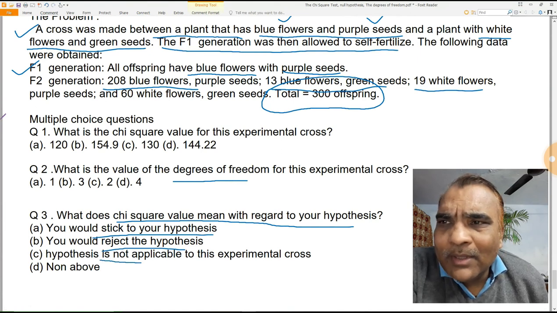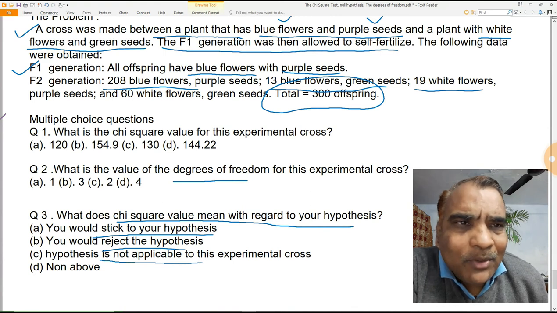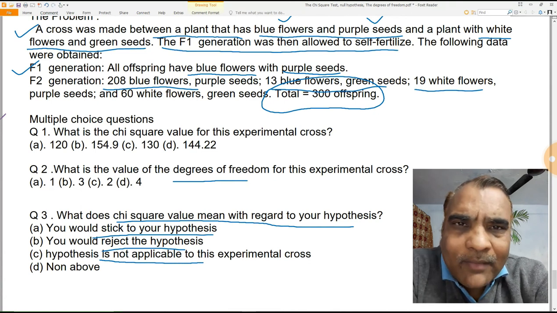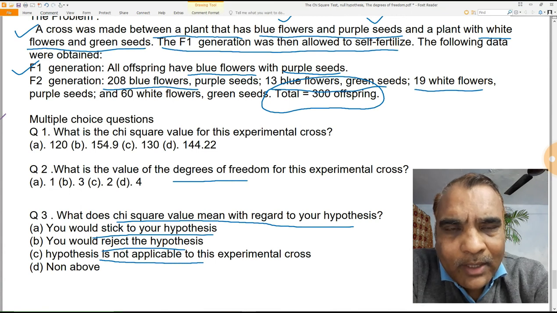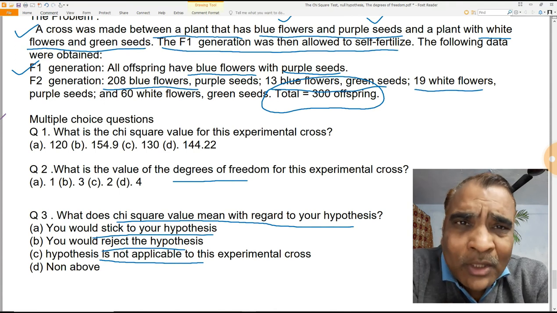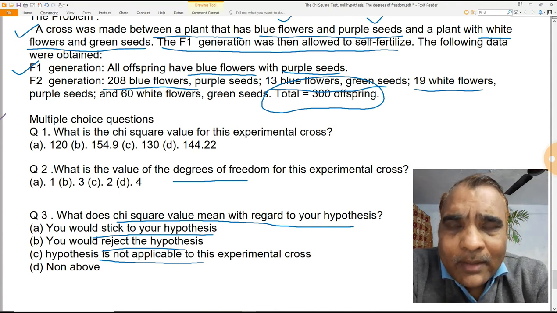Third, the hypothesis is not applicable to this experimental cross. And the final option, none of the above, so all the options are incorrect. You have to choose the correct option as your answer.